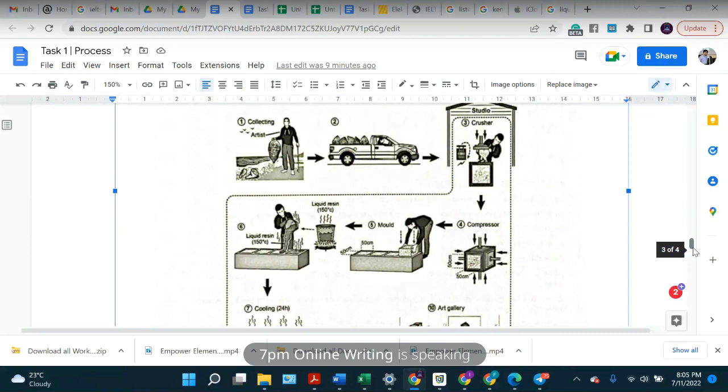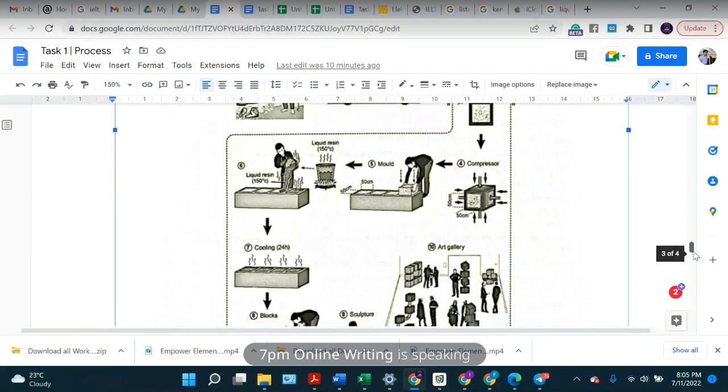Sometimes when you cannot really have 2 key stages, to divide the process into 2 or 3 key stages, it's okay to just separately list the stages, even in the overview, like crushing, compressing, and molding. I would say these are the 3 key stages: crushing, compressing, and molding, and then maybe adding liquid resin.